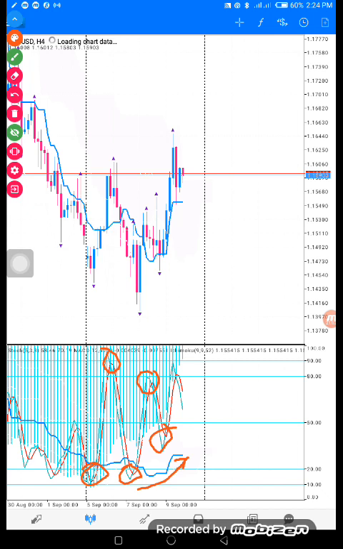And then this stochastic now might come down here and do a crossover. Maybe the chart will now come here and go upward. You understand?